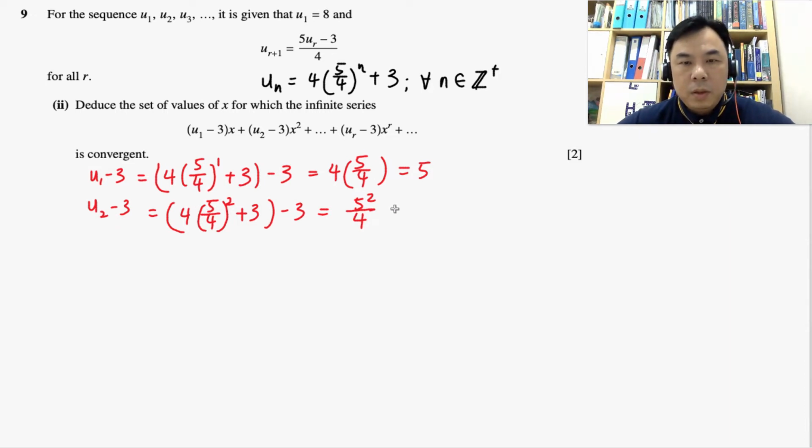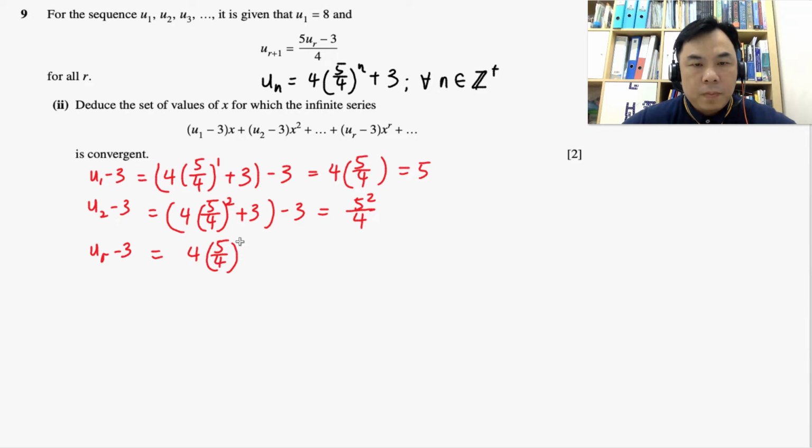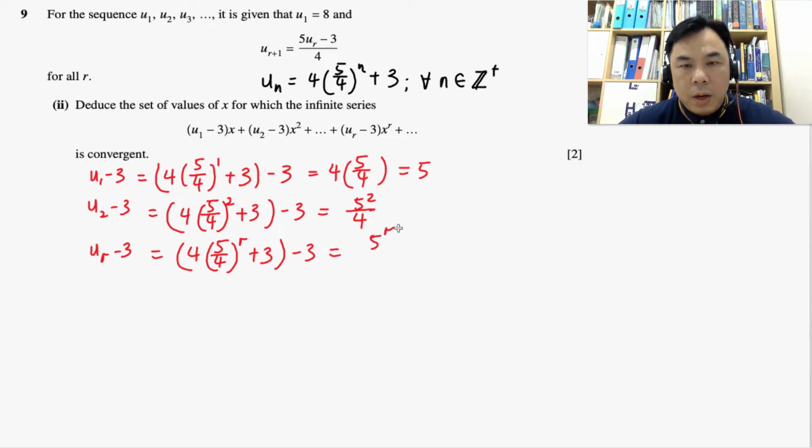Okay, that's it. And then after that we can try out the next one, which is ur minus 3. And then that would actually lead us to 5 to the power r, and then that will be typically 4 to the power r minus 1. Okay, that's how it looks at this point.